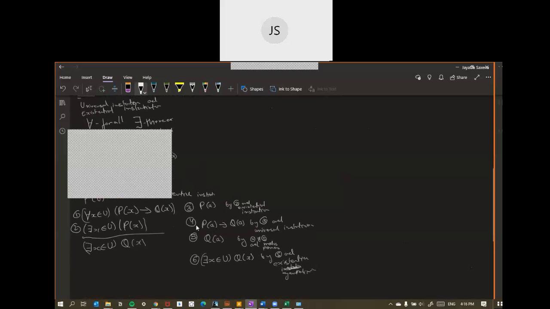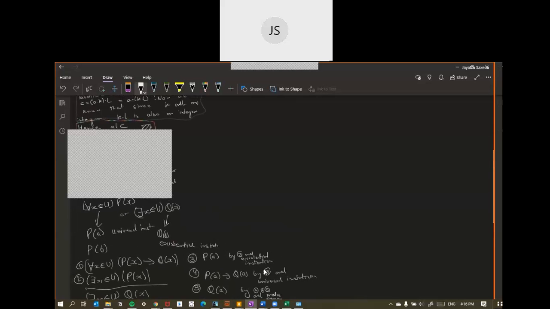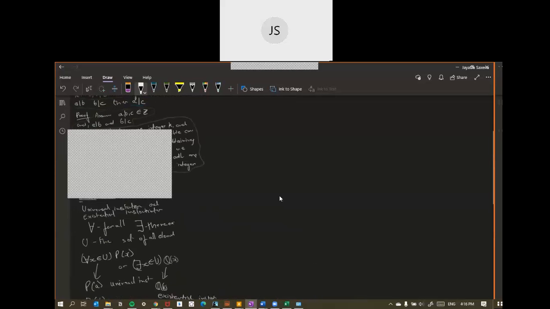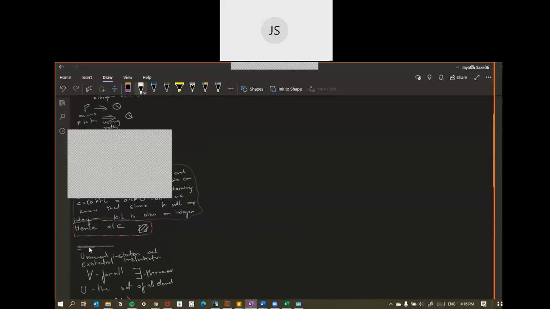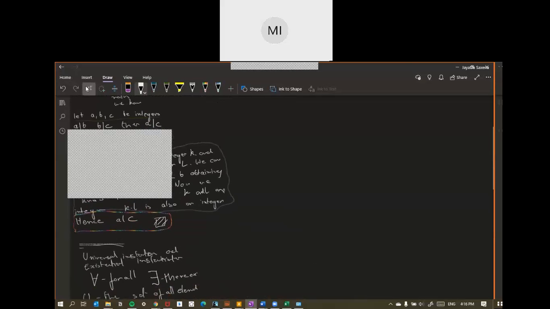So I would suggest you go ahead and do some of these problems and try to derive a few statements yourself, and you get the hang of it. It's not that complicated. Okay. Next, do you want me to continue with proofs? Yeah, yeah.